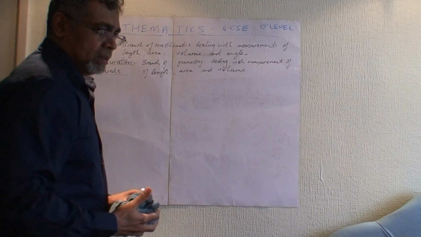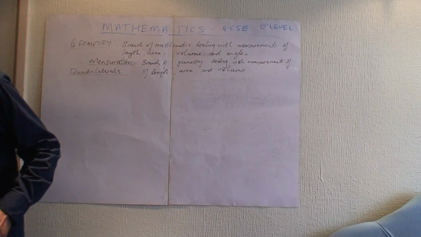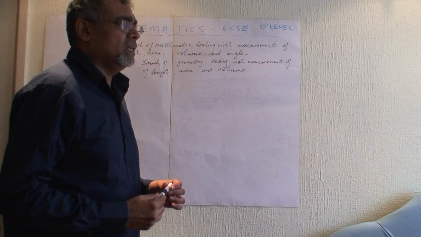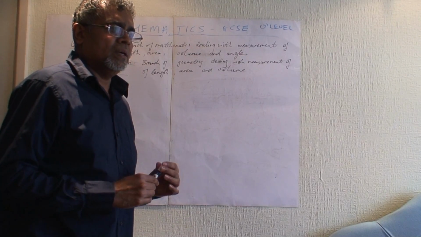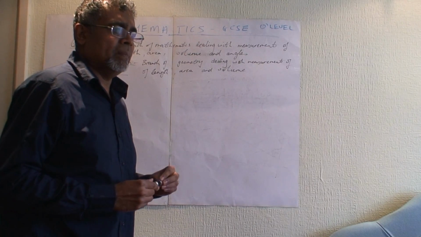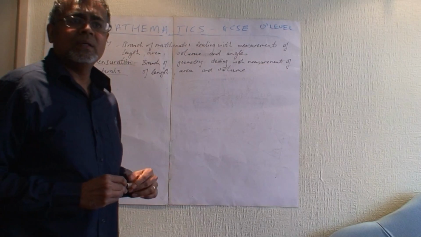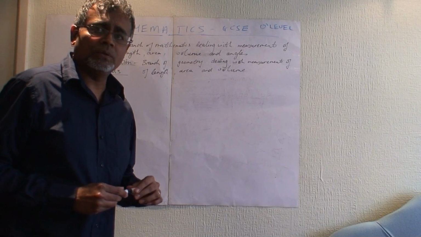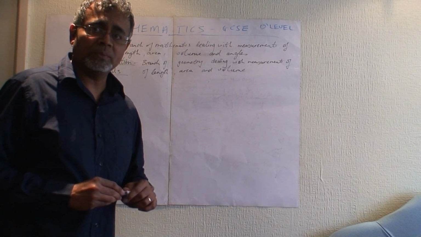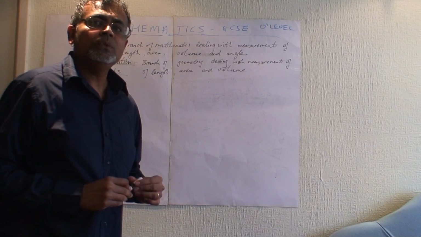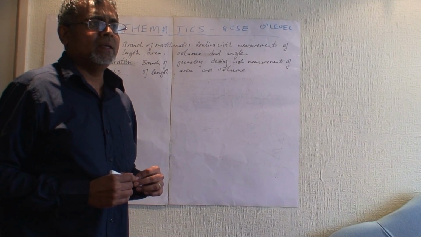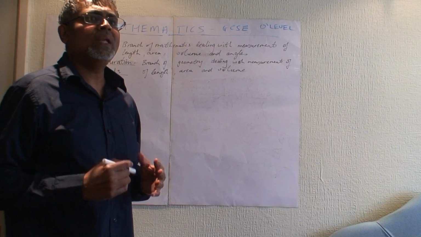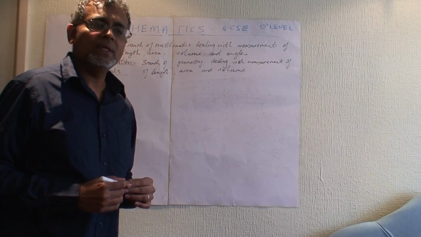Now, when we're dealing with angles, it's best that you work with what is known as a protractor. A protractor is one of the tools in your mathematical geometry set that helps you to determine the angle where two lines meet at a point.